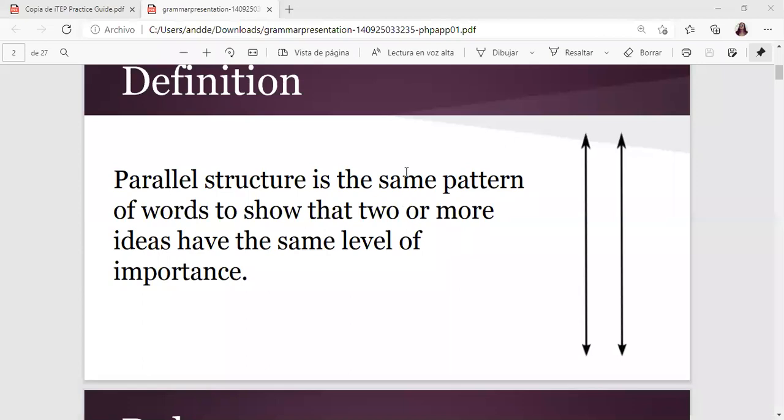So we're gonna start by defining what a parallel structure is. This is a structure or a sentence that has the same pattern of words to show different ideas, but at the same level of importance. We're gonna see.